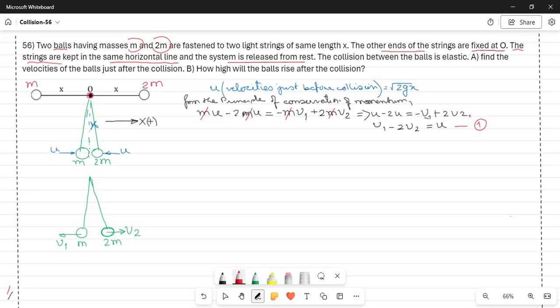Now we go to the principle of relative velocities.